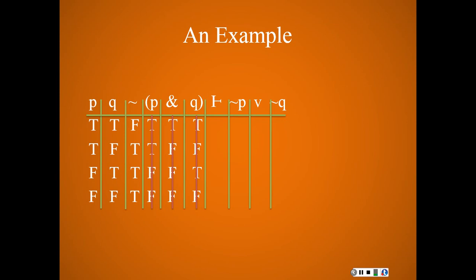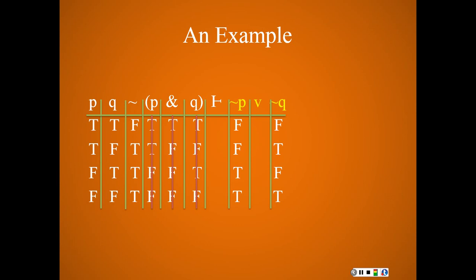Okay, now I'm going to go ahead and focus on the conclusion. The conclusion here is a disjunction. Note that the disjuncts of this disjunction are just the negations of P and Q. So what I've done is I've just taken the column for P over on the far left there and copied it over here, except flipped the truth values because I've got the negation of P, and I've done the same for the negation of Q. Okay, this is a disjunction.